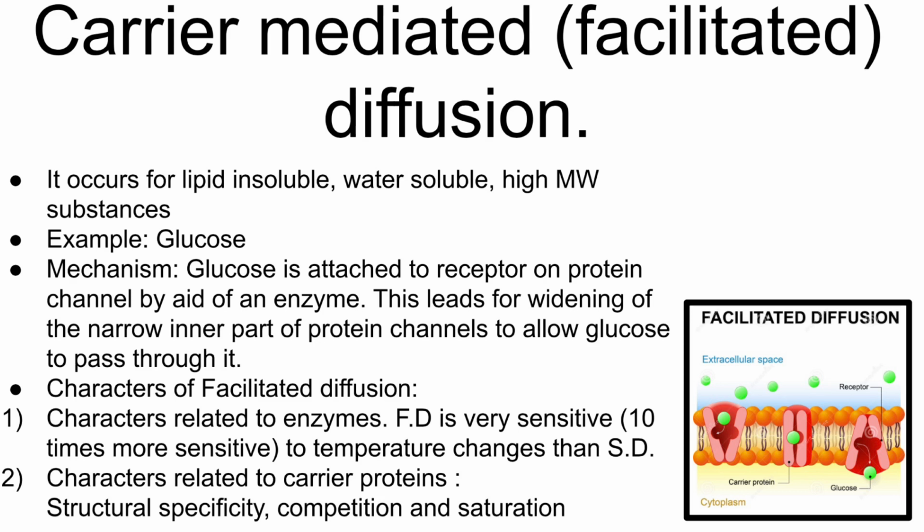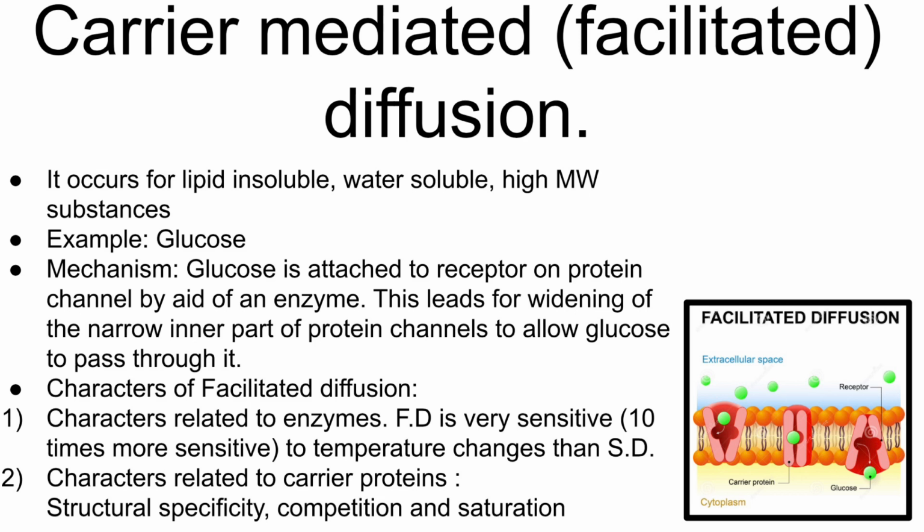Differences between facilitated and simple diffusion are related to the presence of enzymes and receptors of carrier protein. Firstly, the presence of enzymes makes facilitated diffusion 10 times more sensitive to temperature changes than simple diffusion.